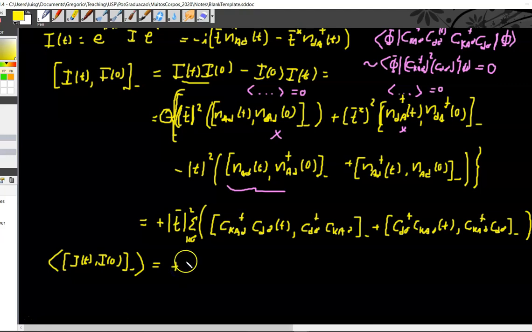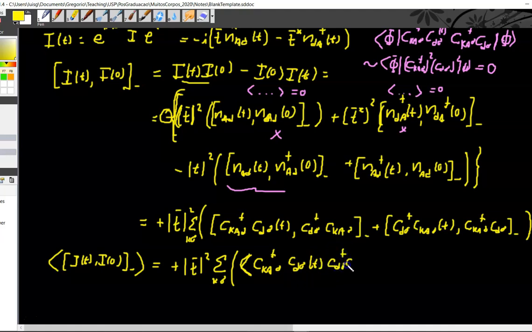Now, that would be something like that, right? I have T bar squared, there's a sum over K sigma, and then I would have something like this, okay? I would have an expected value of something like the CKA CD sigma both at T, right?